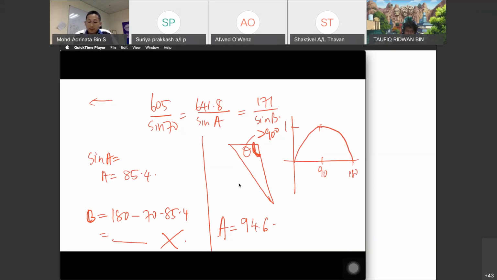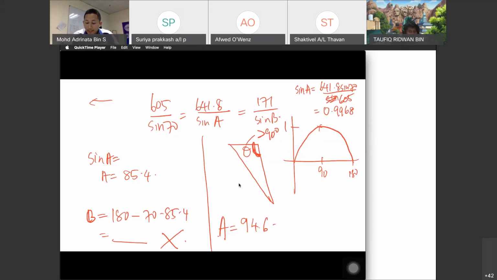If you do your sine A is equals to 641.8 sine 70 over 605, you will get 0.9968.